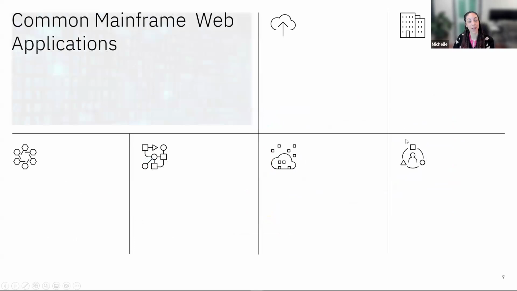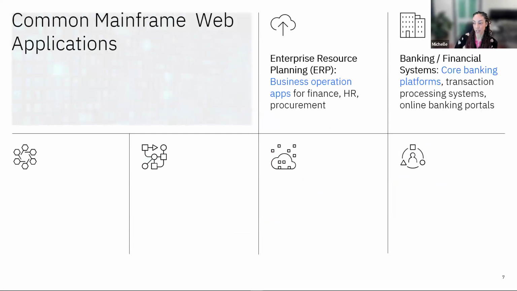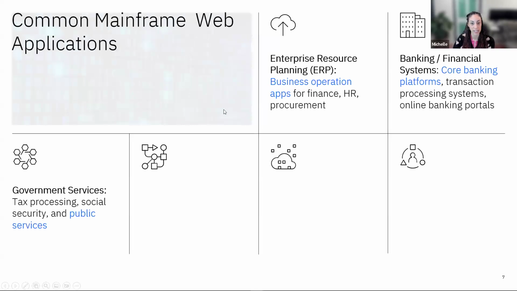Now on a mainframe, we're going to go through a short list of the most common web applications that we find integrated with mainframes. So first of all, we see enterprise resource planning applications pretty frequently. These are business operation apps for finance, HR, procurement. Banking and financial systems, these are your core banking platforms, transaction processing systems, your online banking portals. We also have government services like tax processing, public services, Social Security, things like this.